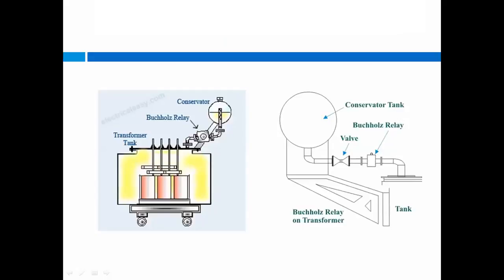Now this is the transformer, and it shows where the Buchholz relay is placed. All of you know the transformer construction: the core, windings, and bushings are there, this is your oil, then there will be breathers. The Buchholz relay is there, and the conservator is there for oil levels.